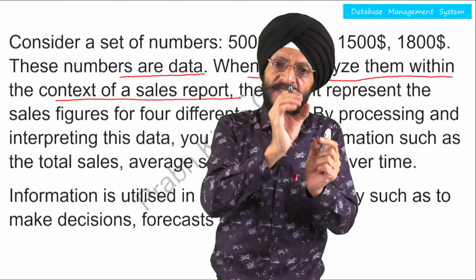Whether the shopkeeper can conclude from your writing the word 10, what do you want? Whether you want 10 liters of oil or 10 kilogram of atta or something else. So this is data. This is the raw facts from which nothing can be concluded properly.